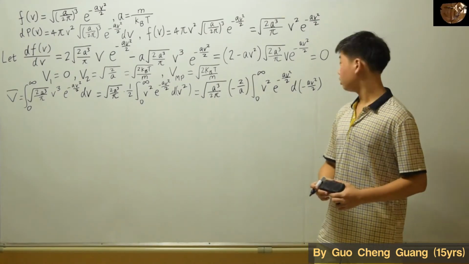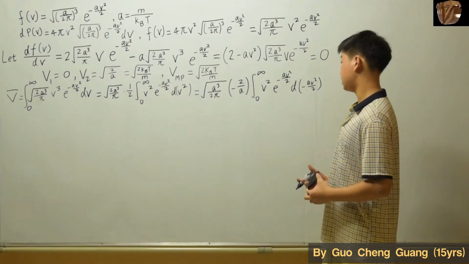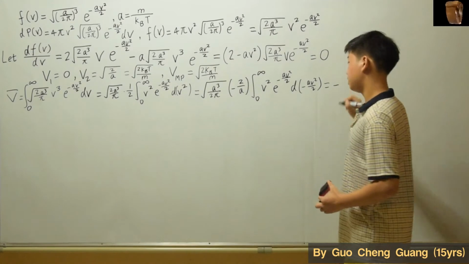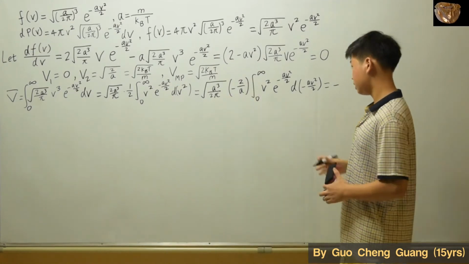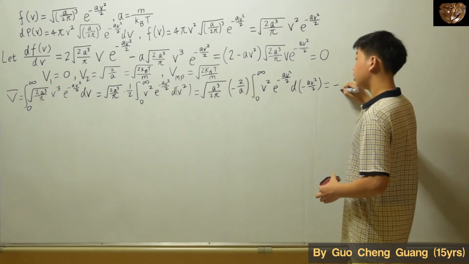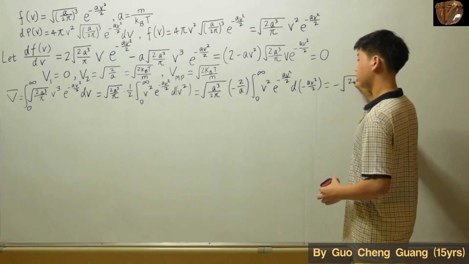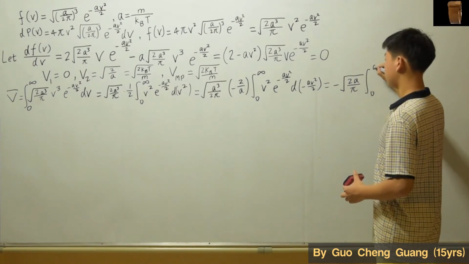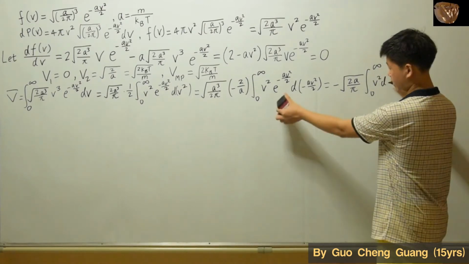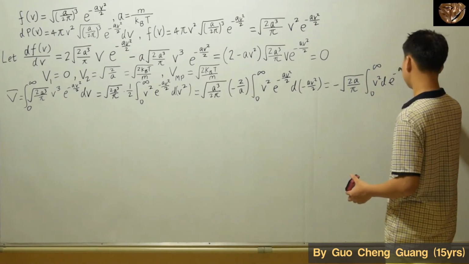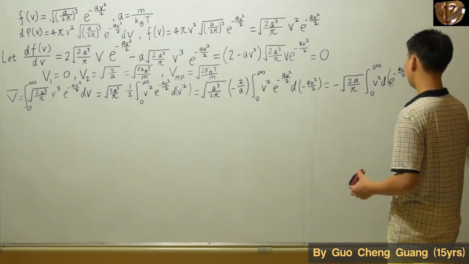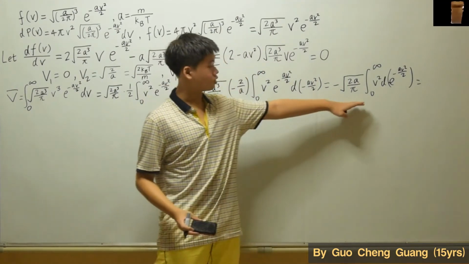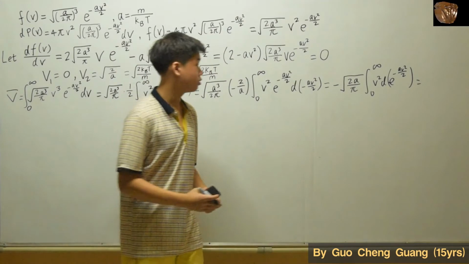Alright, so how do we proceed from here, you might be wondering. That means we could combine this part again, and you have square root 2a over pi, which integrates from 0 to infinity. I'm just going to write out the part where you put your e inside, so e to the power negative av square over 2. And if you know integral by parts, this is where we use it.